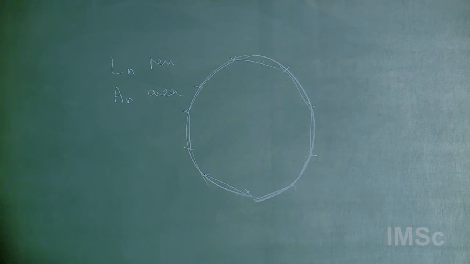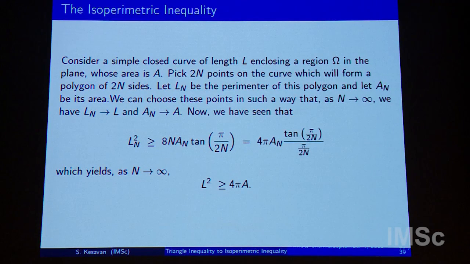I am going to rewrite it in a different way. I will write it as 4 pi An times tan pi by 2n divided by pi by 2n. This manipulation. Now, as n tends to infinity, I can choose these points on the boundary such that the length of the polygon converges to the length of the perimeter of the curve and the area converges to the area.